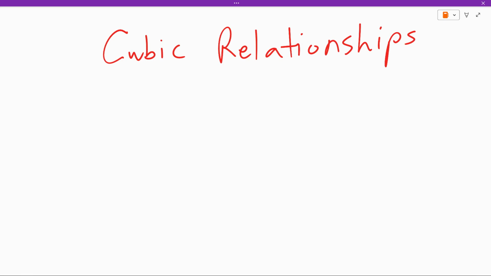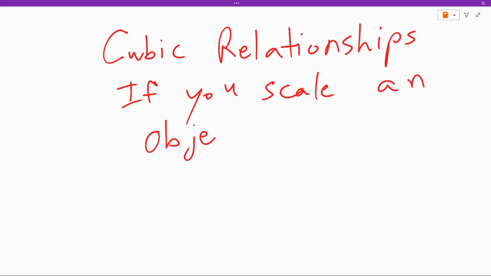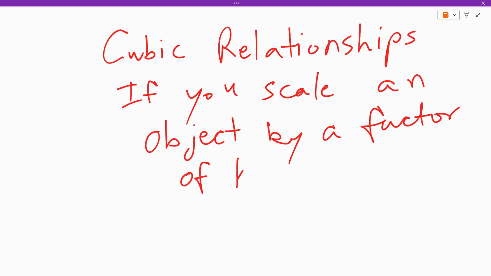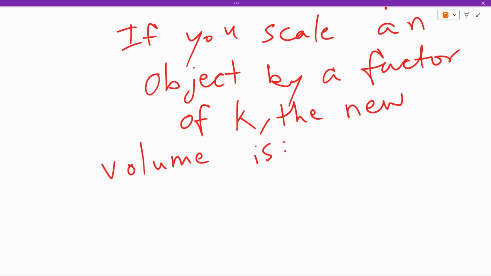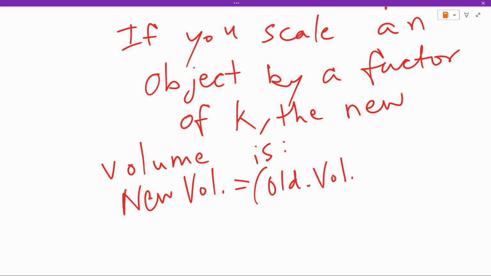If you scale an object by a factor of k, the new volume follows this formula: new volume equals old volume times the scale factor cubed.